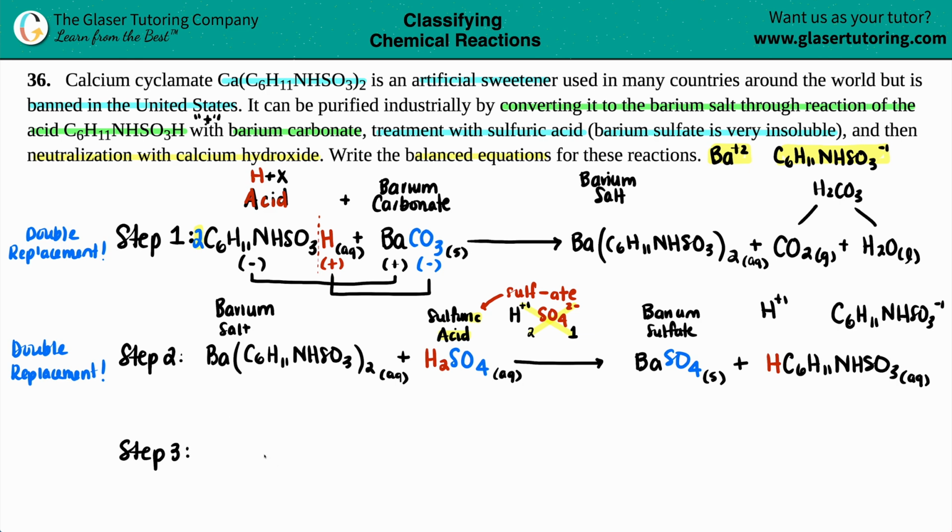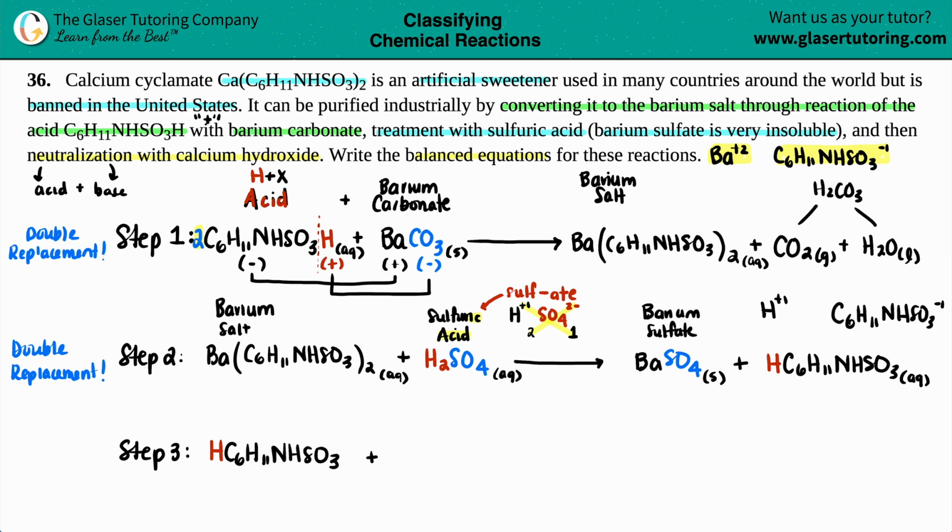So neutralization means that you're taking an acid with a base. And from the end of step 2, the acid is the one that has the H in the front. So for sure, we're going to be taking this again, HC6H11NHSO3, and we're going to be adding it.